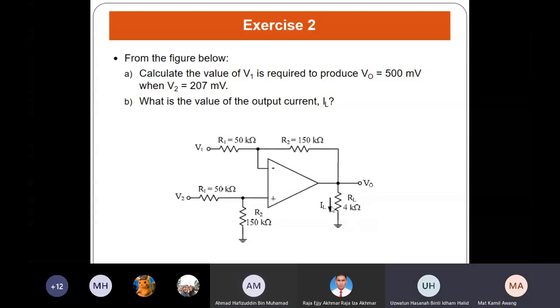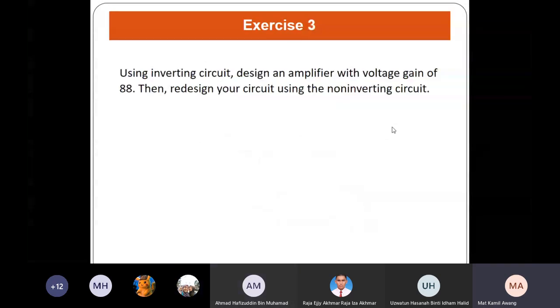So it's a bit difficult for you, but it's actually not that difficult. Right? Then this example is about the design using an inverting circuit: design an amplifier with a given voltage gain, then redesign your circuit using a non-inverting circuit.